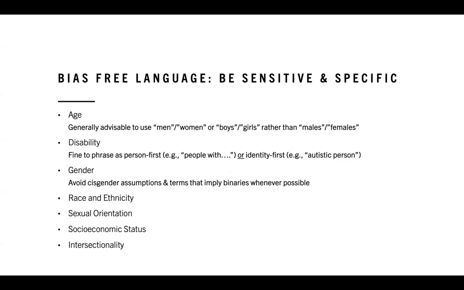There are very particular ways to write about all of these groups and identities according to APA. So please, particularly if your topic of interest, your problem of practice, is focused on a group identity or a particular demographic, look at APA Chapter 5 to ensure you're using bias-free language that is sensitive to individuals' identities.